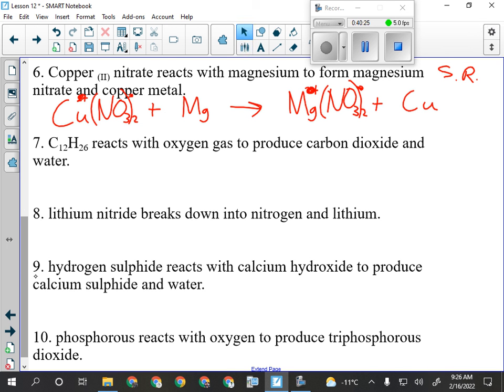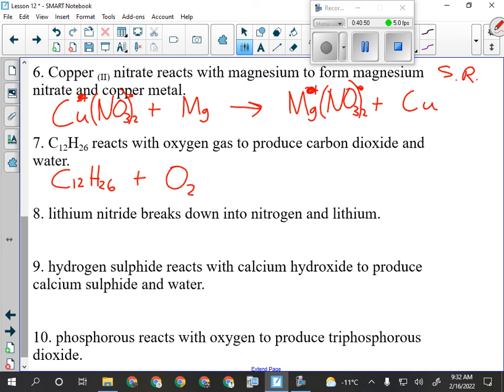I'm giving you the formula for this one just because I don't remember what the prefixes for 12 and 26 are. So you can just write C12H26 as your first reactant there. All right, for number 7, we've got C12H26 as one of our reactants, and it's reacting with oxygen gas.